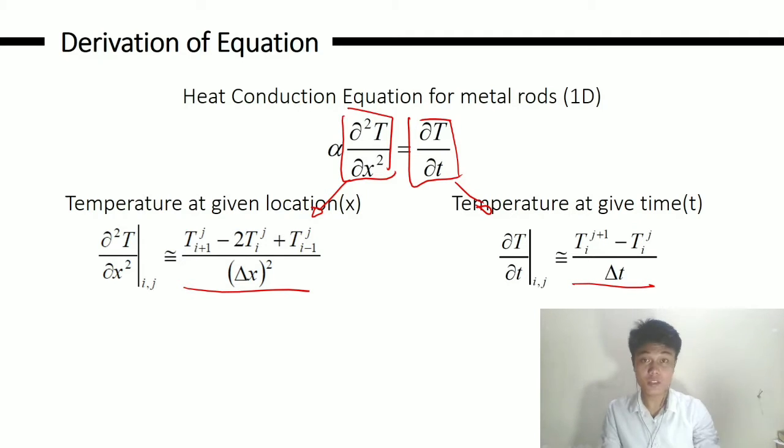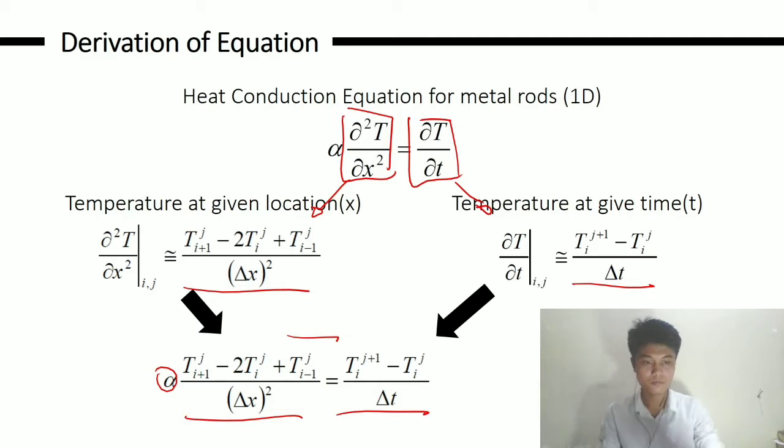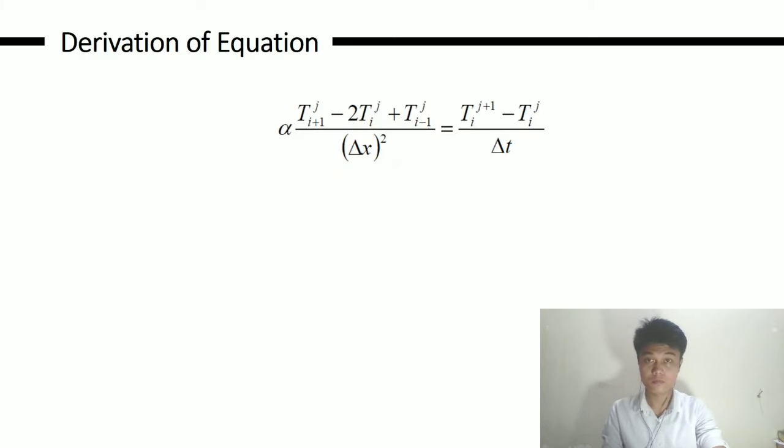If we combine these two equations, we have this. So, we have our alpha, and then our derivation of t in terms of x, ito. And then, yung sa right side of the equation, ito. So, yan. Yung equation natin.